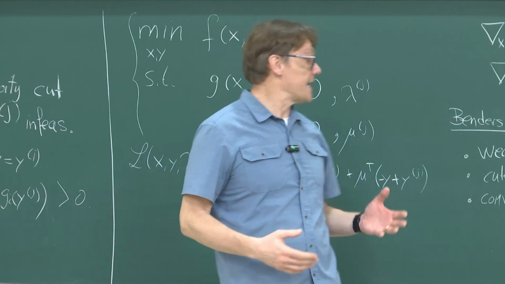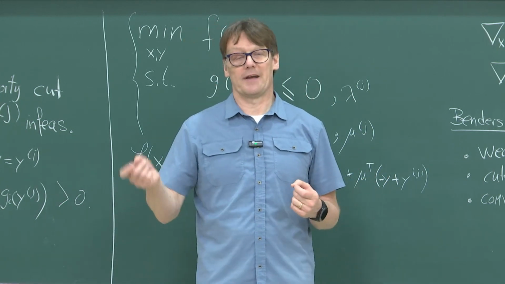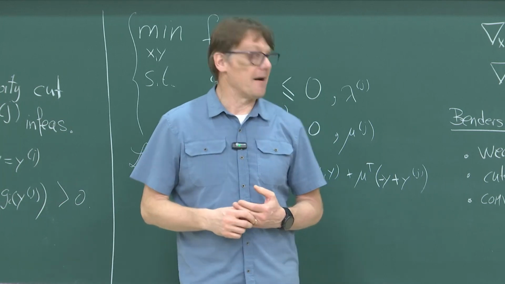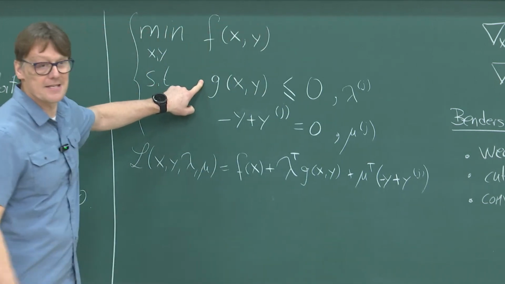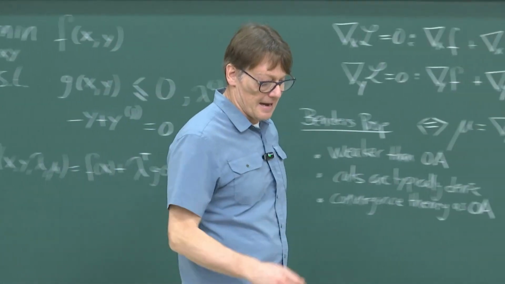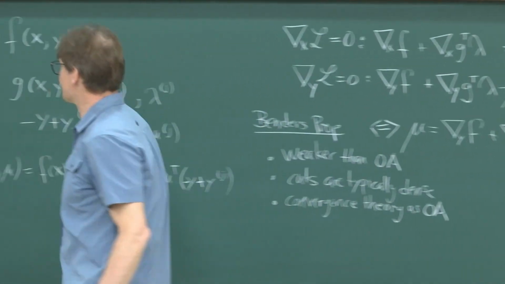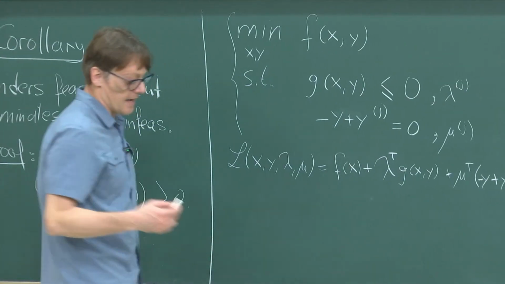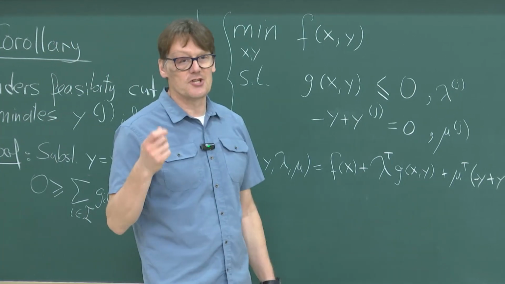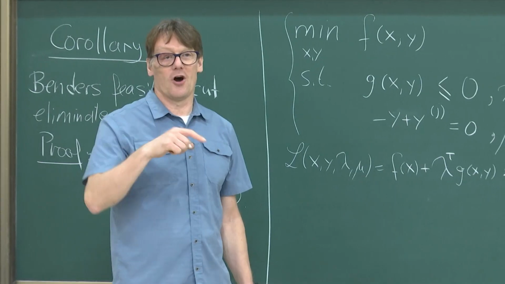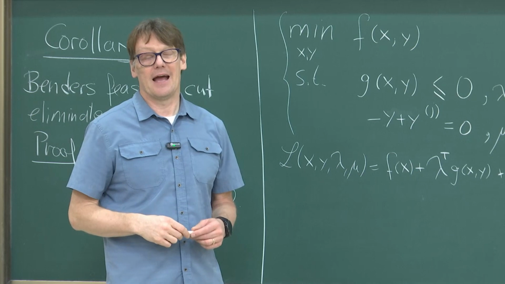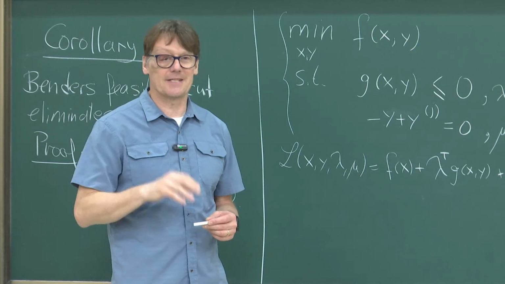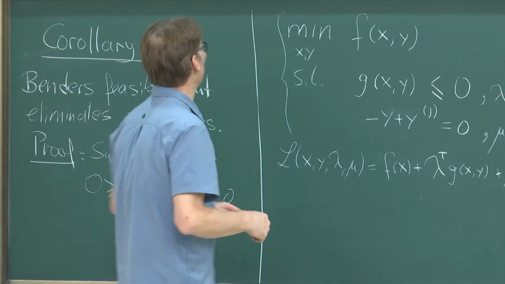You can also set up a minimization of an L1 sum of the constraints, and there you can show that the L1 norm will help you identify a small set of infeasible constraints.